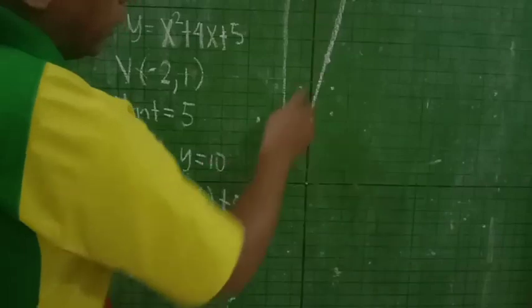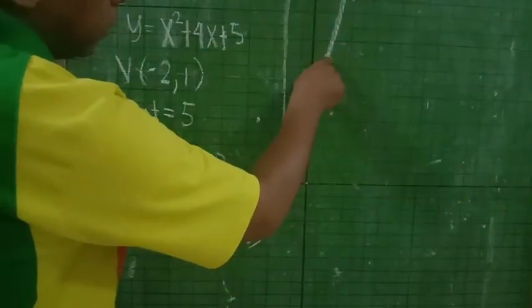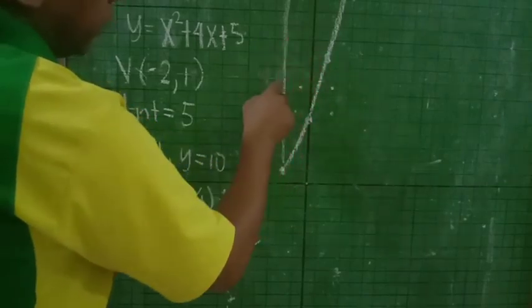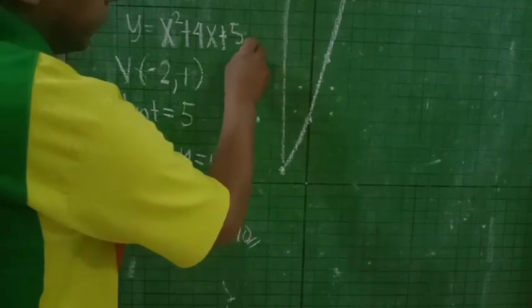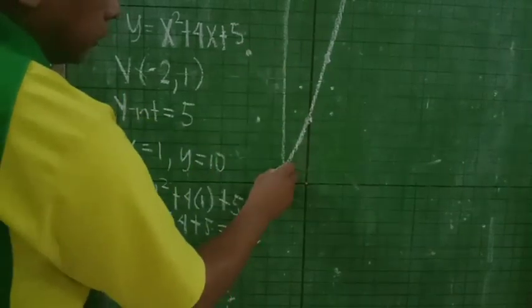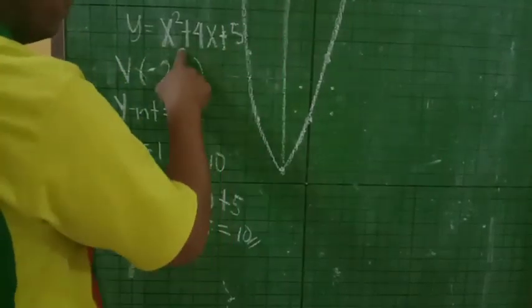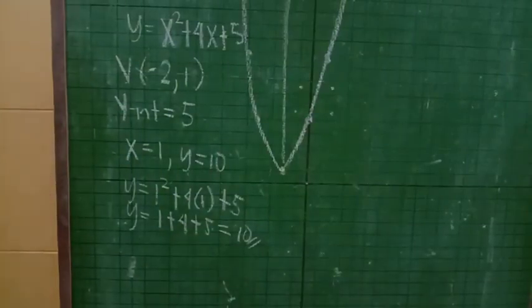And the other one, yung 1 and 10. So, meron siyang 1, 2, 3. May 3 units from the x-axis. So, ganun din. 1, 2, 3. Then, connect. This is our graph of y equals x squared plus 4x plus 5.